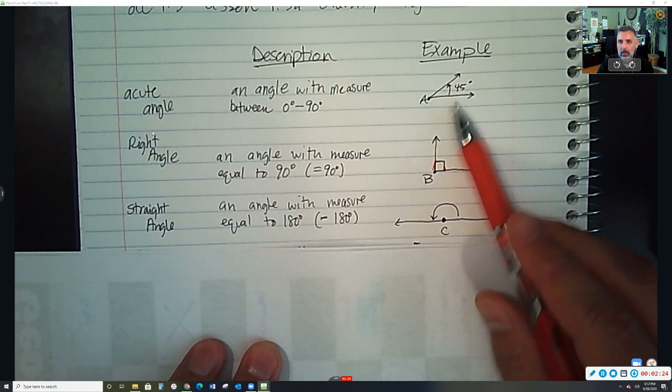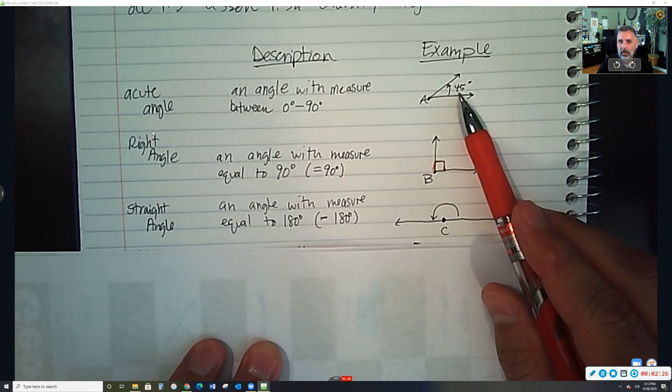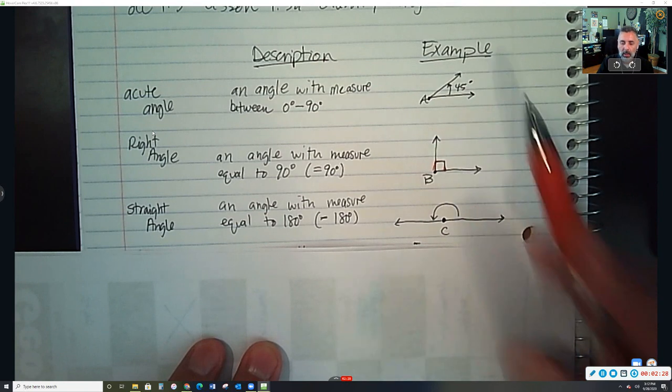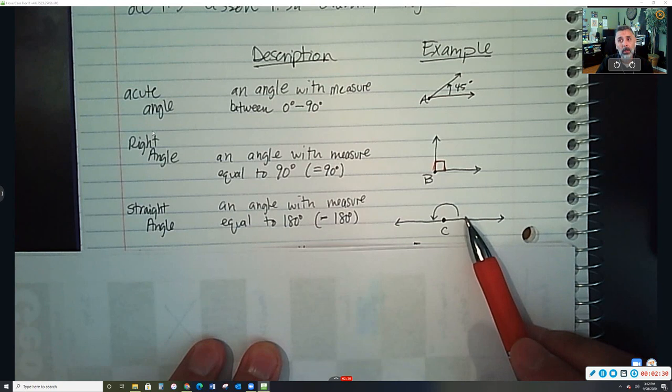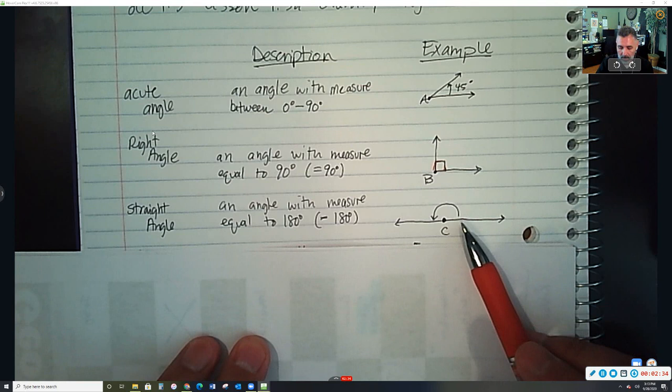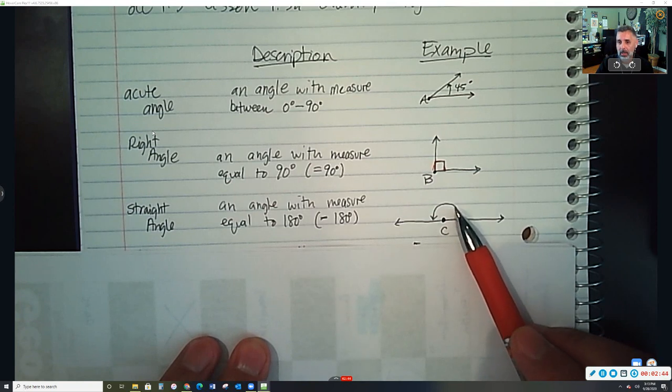And then usually something like this, they'll put the angle measure inside there. This they may or may not put that it's 180 degrees. It's understood whenever you have a straight line and you're measuring an angle, it's equal to 180, okay? Because that pretty much makes half a circle. See how it goes from here to here?